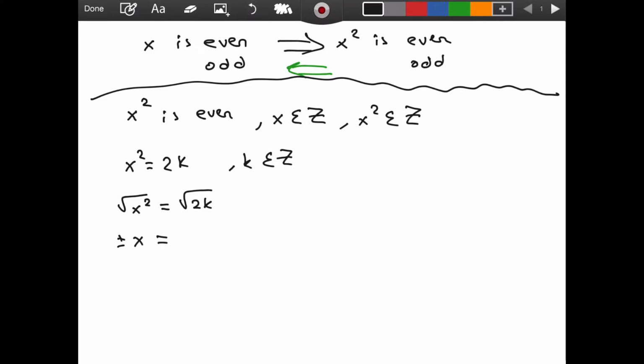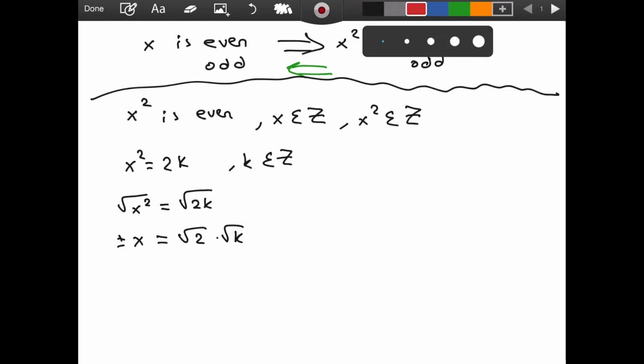Then this is equal to, on the right, I will separate this one square root into 2 parts. We will have the square root of 2 times the square root of k. And here, notice one thing. Since we know x is an integer, we were able to conclude that x squared is also an integer.